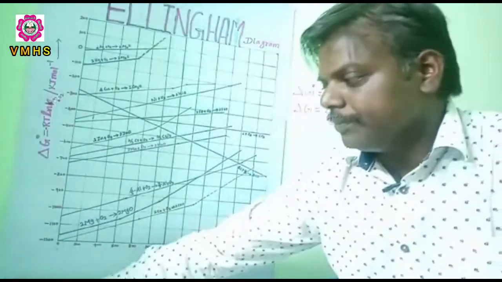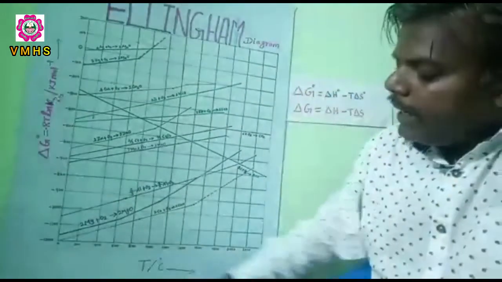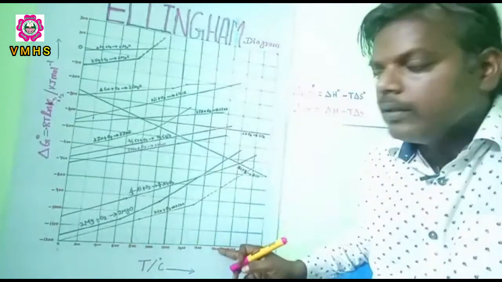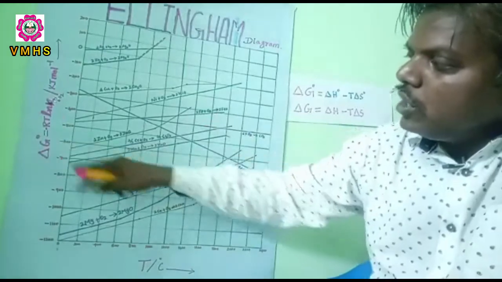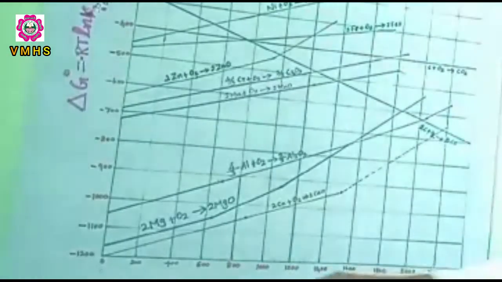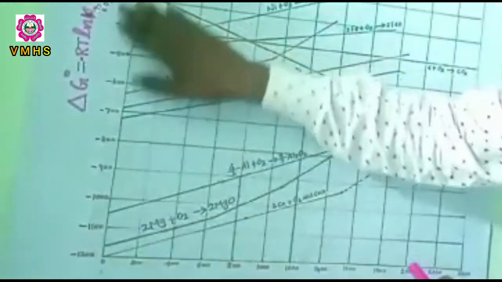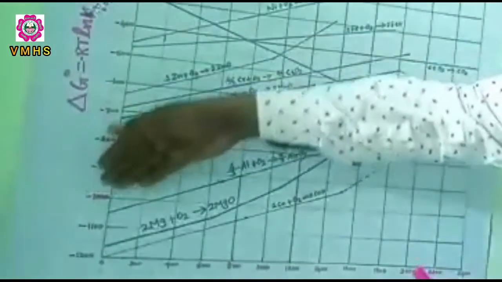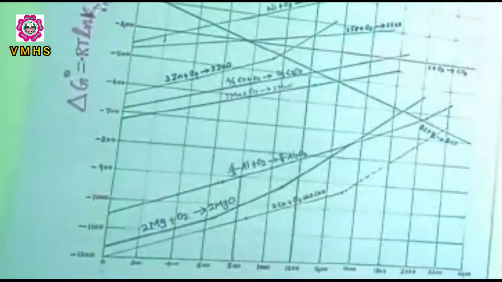Observation number 3. Generally, if you go through this diagram, as the temperature increases, the delta G0 becomes less negative. This is your more negative value going in this way, and if you move upward, it becomes less negative and even becomes 0 and then becomes positive.